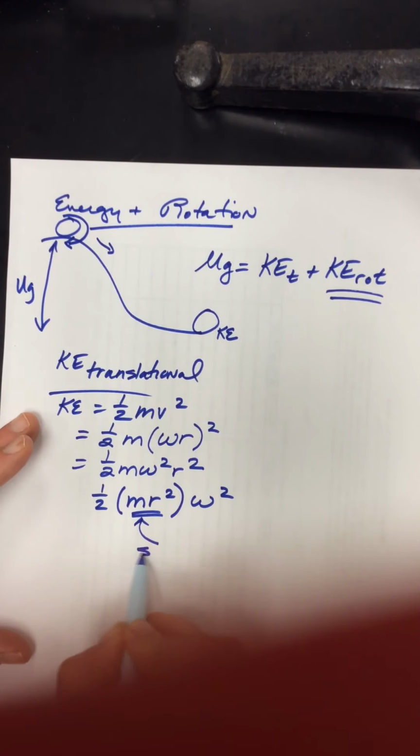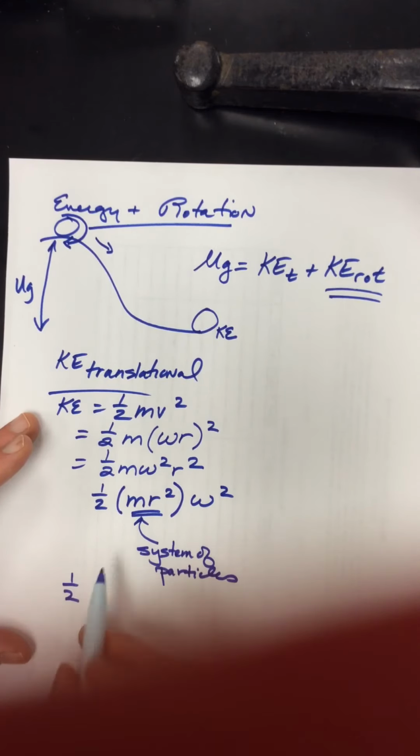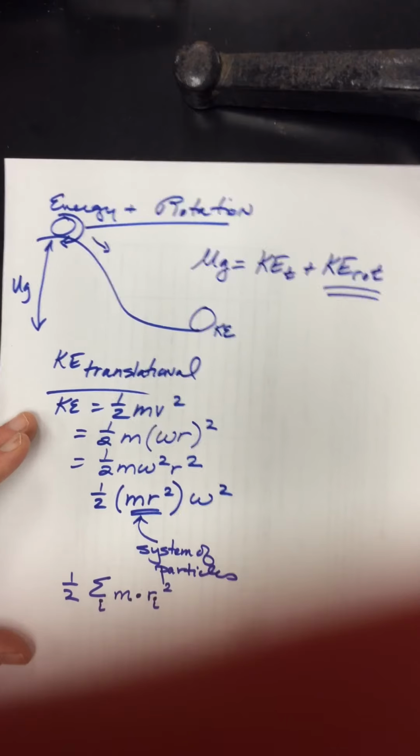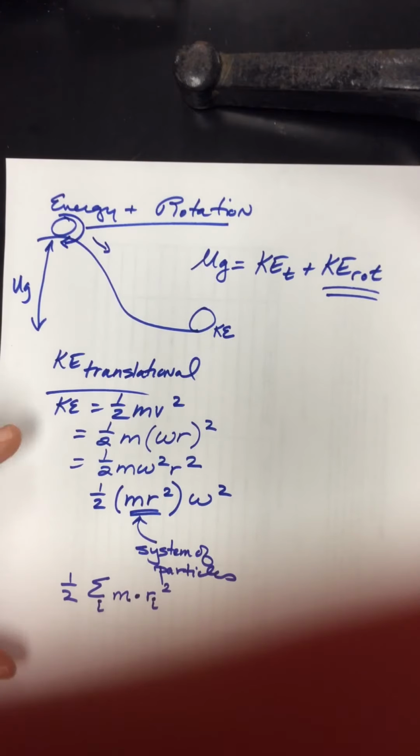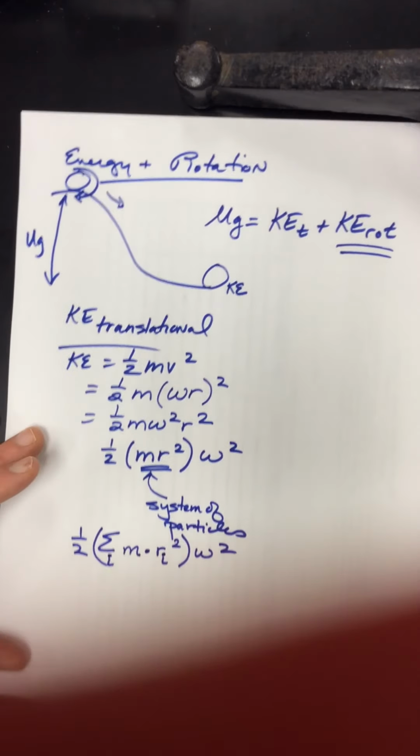We're going to say, assuming we have a system of particles, what we can do is rewrite this. It is the sum of all of the masses times all of the radii squared. I'm going to use these little i's, because it depends on how many particles you have, times omega squared.